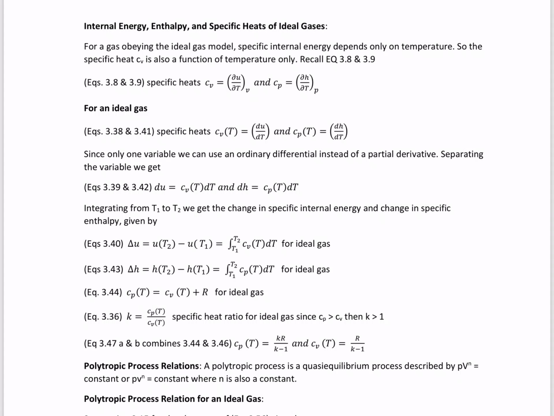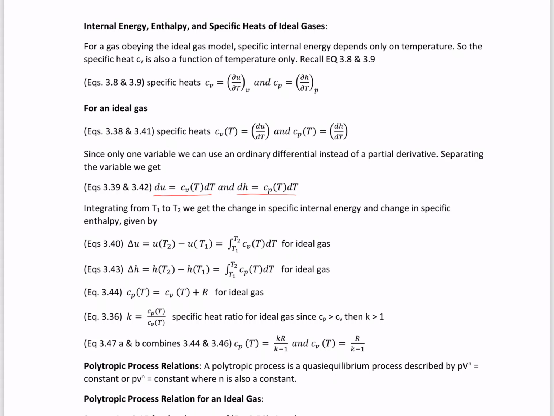We can use ordinary differentials instead. If we separate our variables, we get du equal to the specific heat at constant volume, which is a function of temperature, times dT, and the second one is enthalpy.